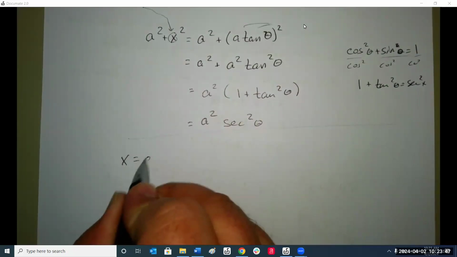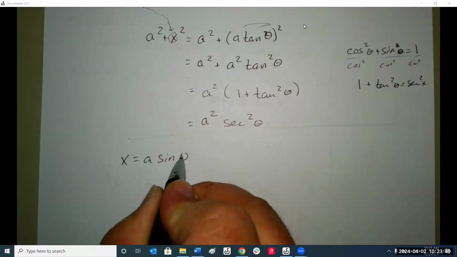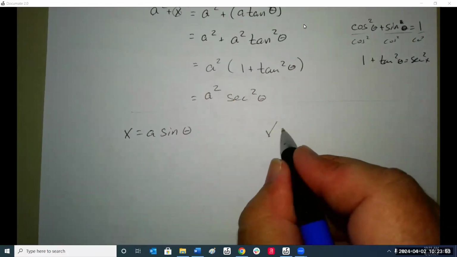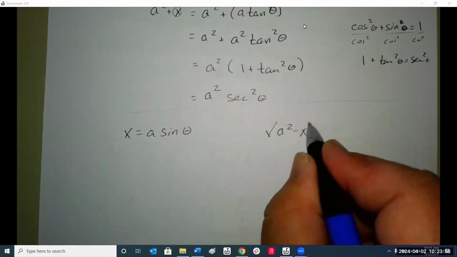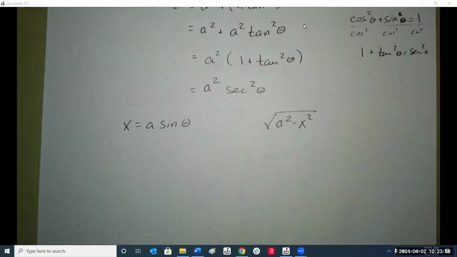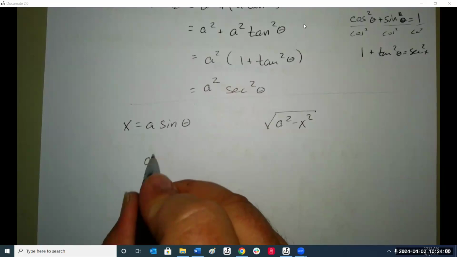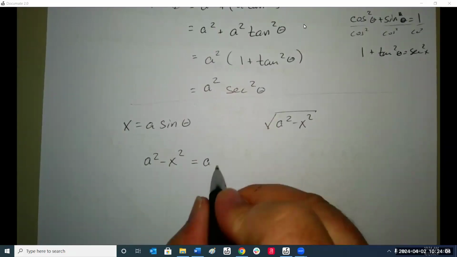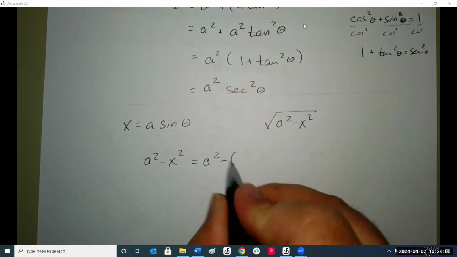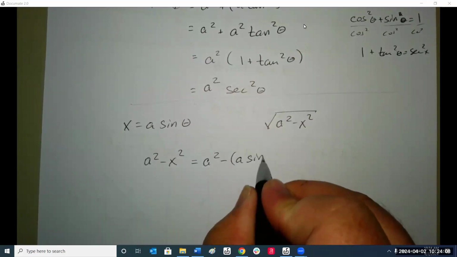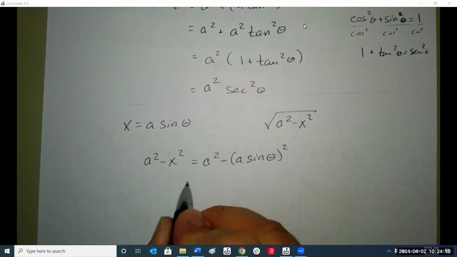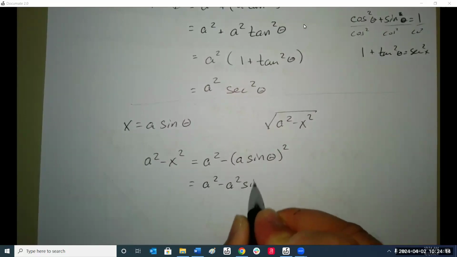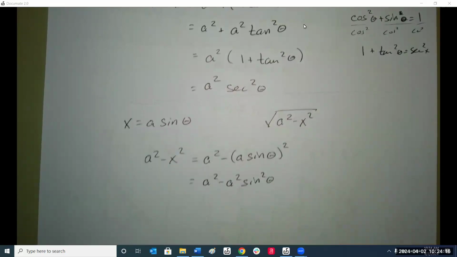With x equals a sine theta, we get a squared minus x squared, which is a squared minus a sine theta squared, or a squared sine squared theta.